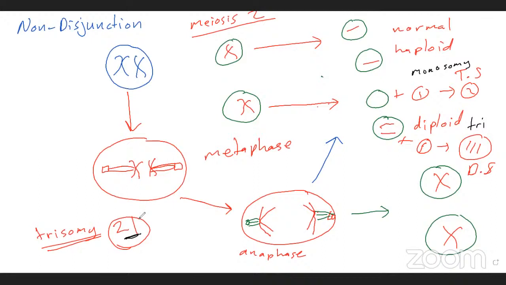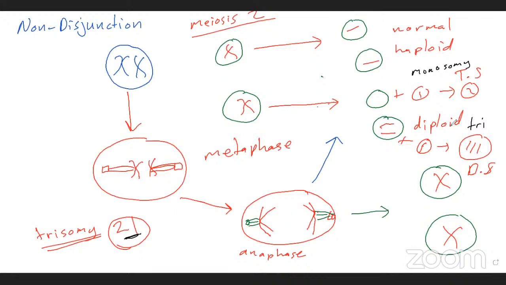How many pairs of chromosomes does a human have? How many pairs? 23. Right. So with trisomy, how much would we have? 23 times 3? No. 23 plus 3, 26?